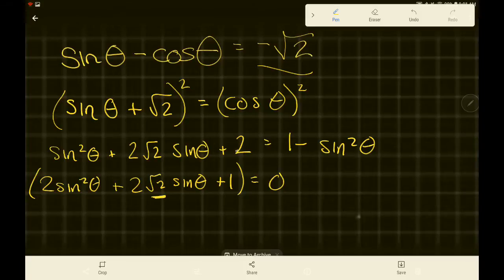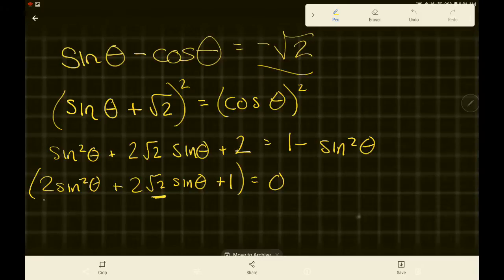When you have a quadratic in the form of ax squared plus bx plus c and all the coefficients are integers, then you can often factor that into factors that have integer coefficients. But this one has a root 2. So we have to do something unusual here.